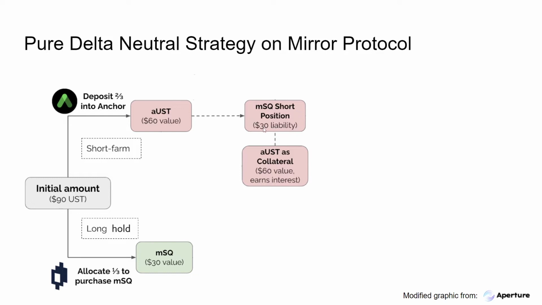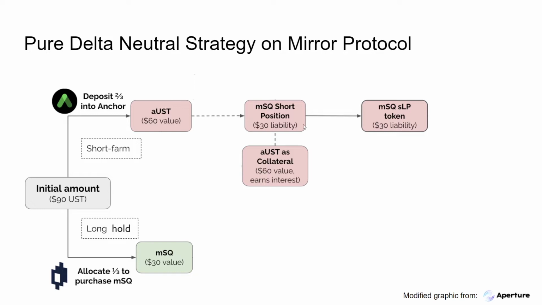I can only borrow up to $30 worth of M Square because of the collateral ratio on Mirror Protocol. That's just the safe ratio in which liquidation is not likely. If I have $60 worth of aUST, then I can borrow up to half of that in order to be safe. The next step is to participate in the short farming on Mirror Protocol.